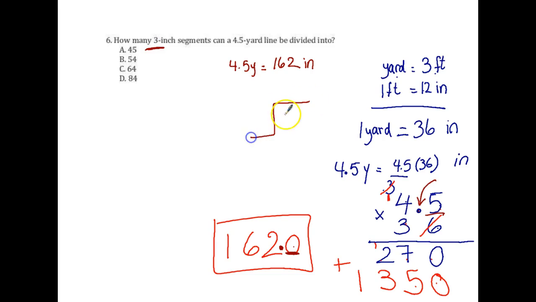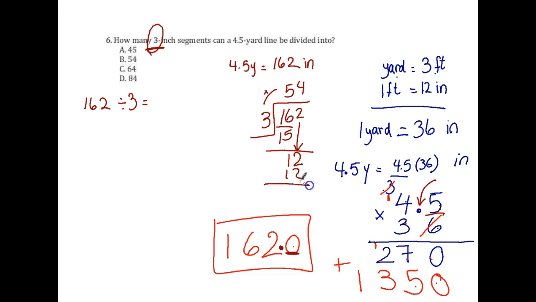So 162, then I'm going to divide by 3. 16 divided by 3 is a 5. 5 times 3 is 15. You get a 1. Put down 12. 12 divided by 3 is a 4. 12, you subtract. No remainder. We're good to go. So when you divide 162 by 3, you get 54. So you know that B is the right answer.